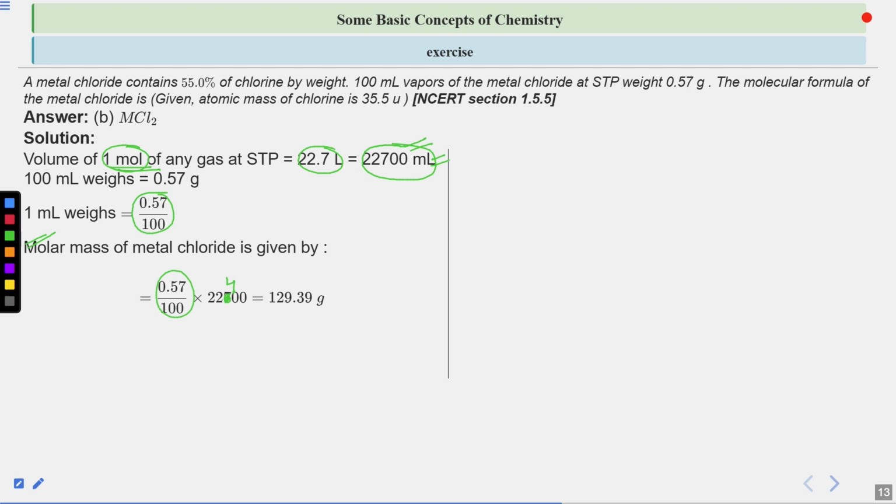And if we are taking the weight of 22400 ml of the gas, then we are taking the mass of that 1 mole. Okay. Got it? So, Niranjana, did you get this point? What I'm trying to make here? Yeah. So, we are getting the mass of 1 mole as this. And we know that the mass of 1 mole is simply what? It is the molar mass. Got it? It will be the molar mass.